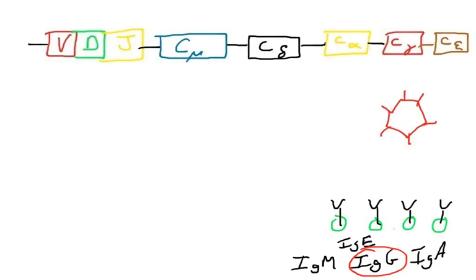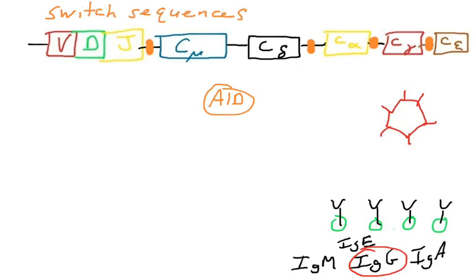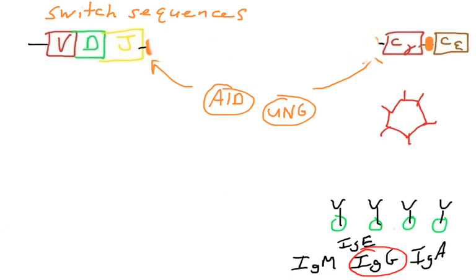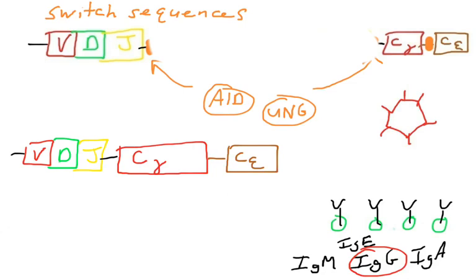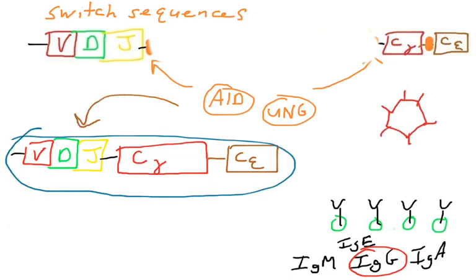So we covered in the last video isotype switching, which involved the enzyme AID binding to the switch sequences and modifying cytosines to uracils, and then the enzyme UNG modifying the uracils, which helps you cut the DNA. This was isotype switching. And now we have constructed a heavy chain gene locus that uses the constant gamma region. So that's great, and that was isotype switching covered in the previous video.